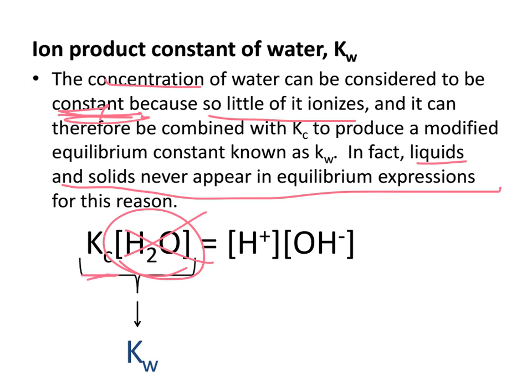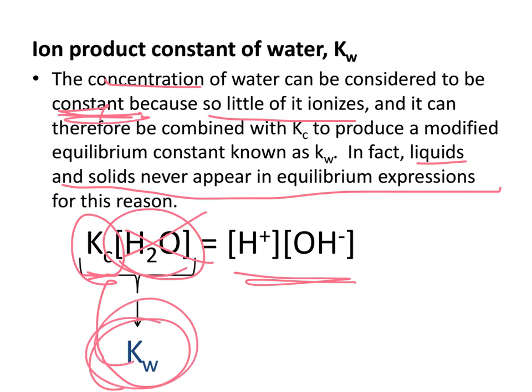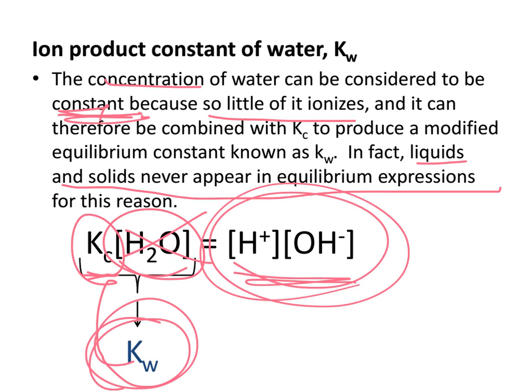And so we just have Kc is equal to these ion concentrations multiplied. And remember, this was for the autoionization of water, so Kc we allowed to be Kw. So what we've basically derived is that Kw is equal to the hydrogen and hydroxide ion concentrations multiplied.